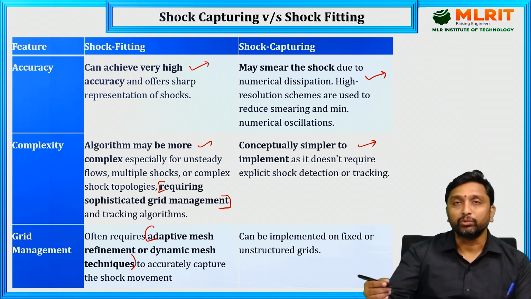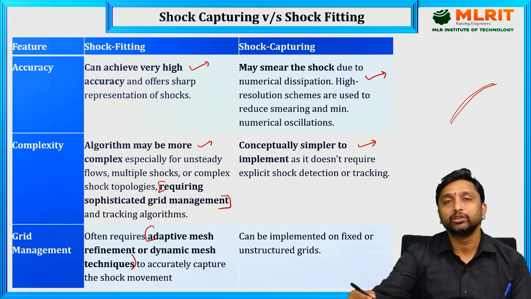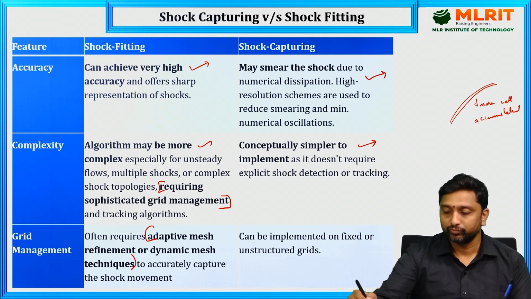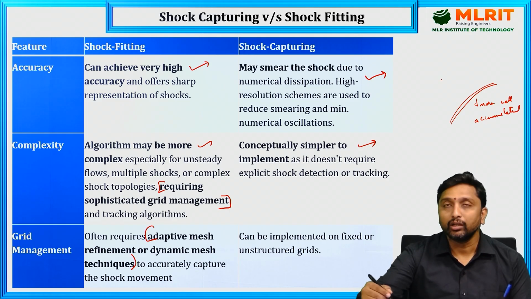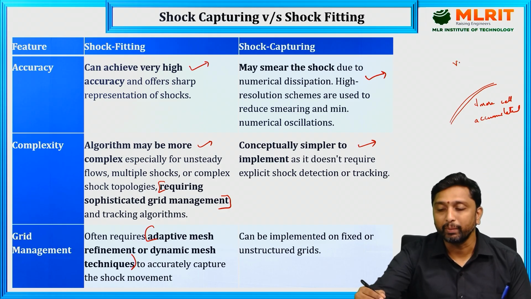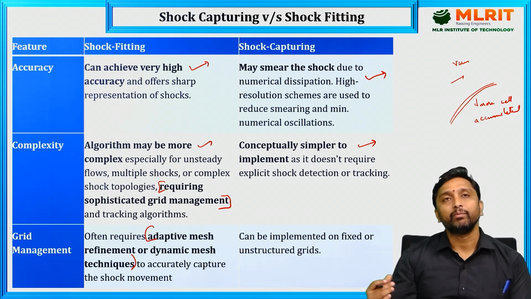It's something like wherever you have more changes in the flow characteristics, there more number of cells are accumulated, whereas wherever there are less variations in parameters, the mesh size can be larger, or a coarse mesh can be formed.